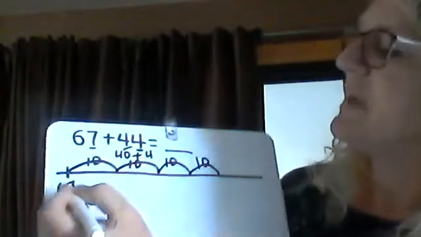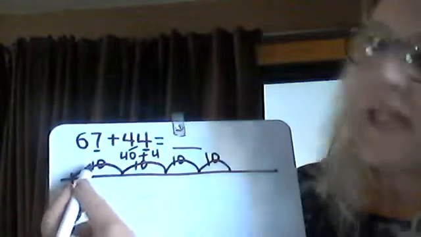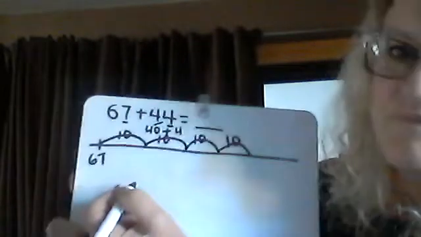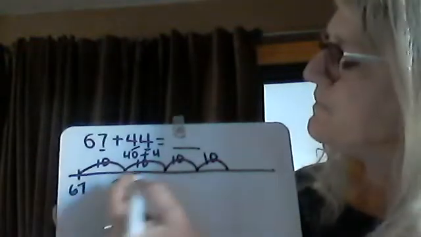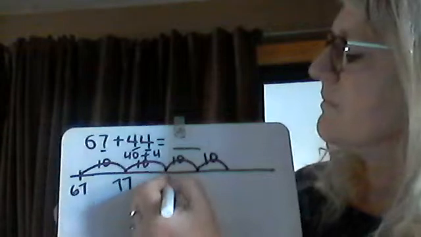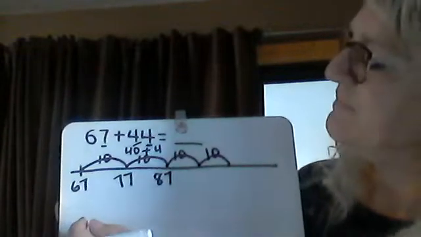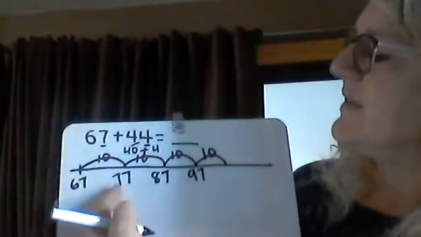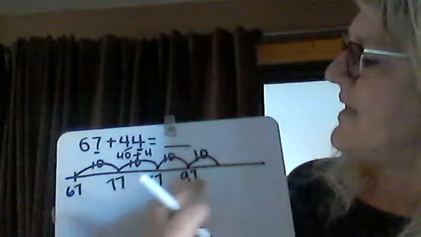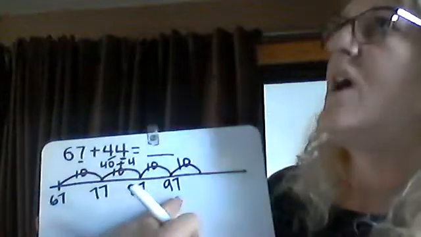Let's see. Okay, 67 plus 10, 77. Plus 10, 87. Plus 10, 67, 77, 87, 97.